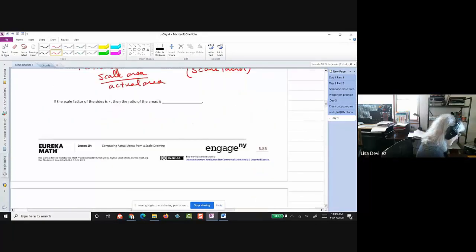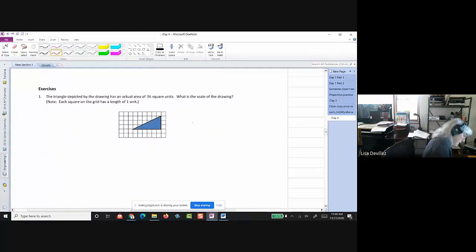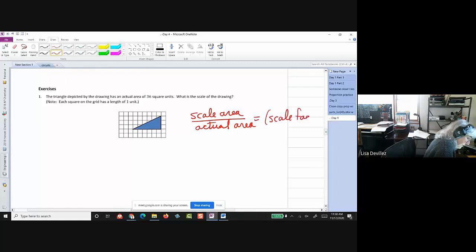Okay, so the scale area over the actual area, that's our equation. The scale area over the actual area is equal to the scale factor squared.